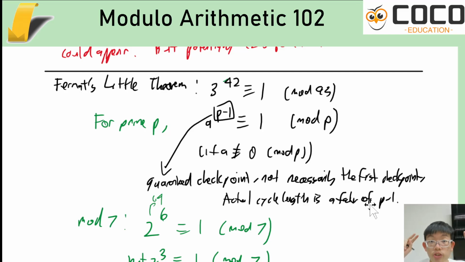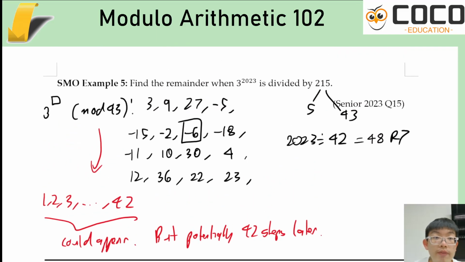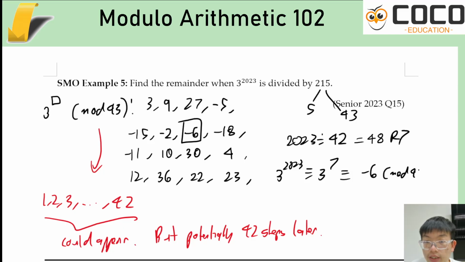Now, this actual cycle length is also known as order, which, if I'm able to, will come in maybe the 4th or 5th video on this series of modular arithmetic. So we'll talk more about order when we get there, but for now, the focus is on this guaranteed checkpoint at p minus 1. So I'm able to say straight away that 3 to the 2023 is congruent to 3 to the 7, which is negative 6 mod 43.